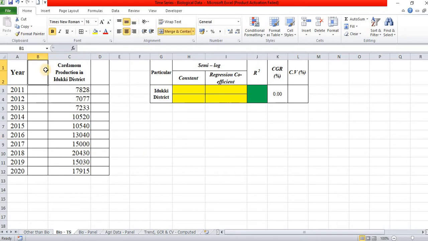To apply the trend, we have to give the trend year, that is, whatever the year, we have to fix 1 to 10. That is 1, 2, 3, 4, 5, 6, 7, 8, 9, and 10.